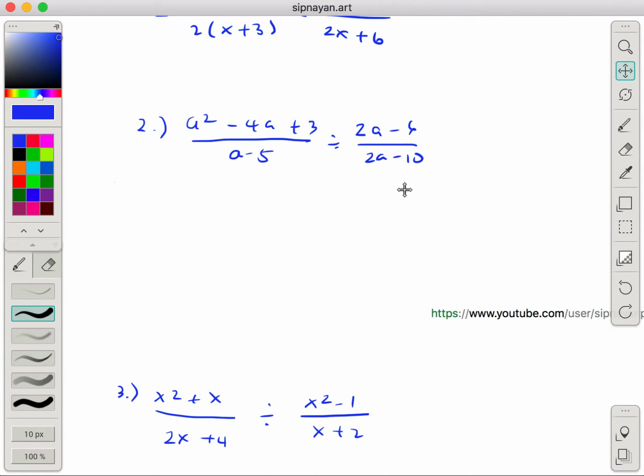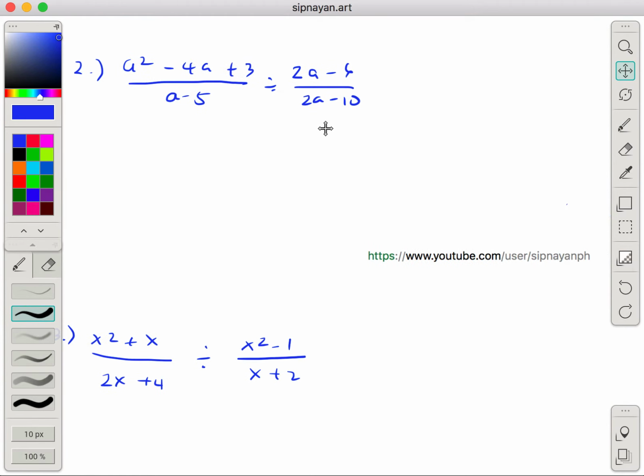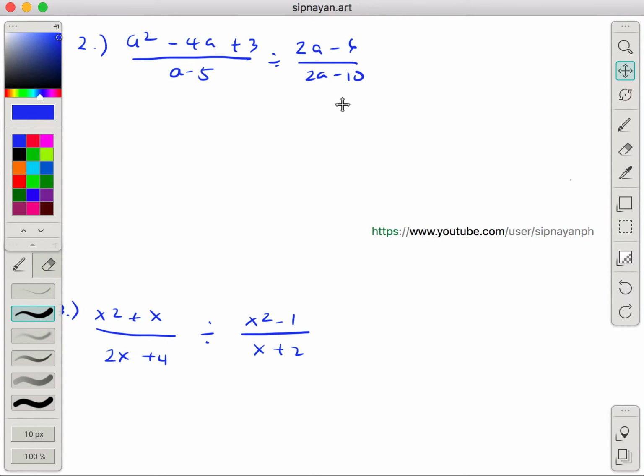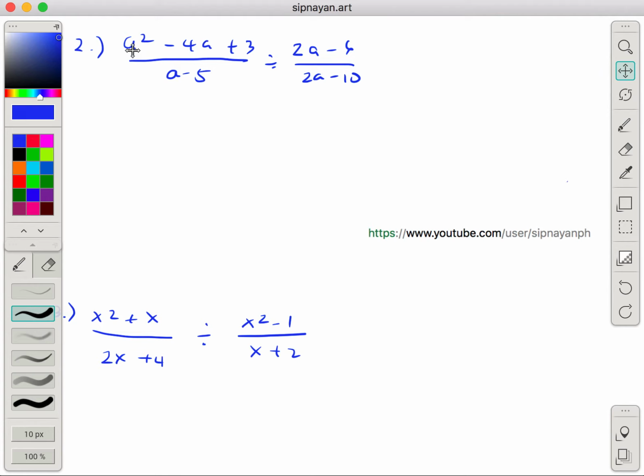Okay, we have the next number. We have a squared minus 4a plus 3 over a minus 5 divided by 2a minus 6 over 2a minus 10. So, ang a squared minus 4a plus 3, pwede natin siya i-factor as a minus 1 tsaka a minus 3.